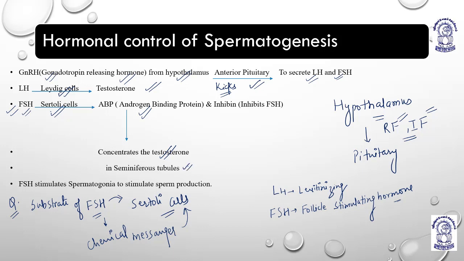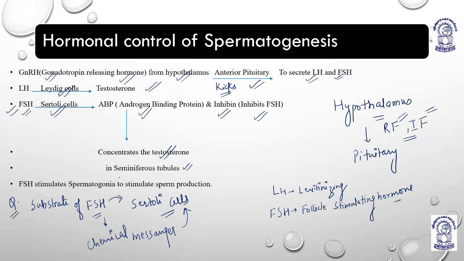Then the Sertoli cells also help to maintain the level of all these hormones, right? So Sertoli cells secrete inhibin to inhibit what? Follicle stimulating hormone. So follicle stimulating hormone is inhibited by inhibin, and androgen binding protein is basically trying to activate testosterone, right?